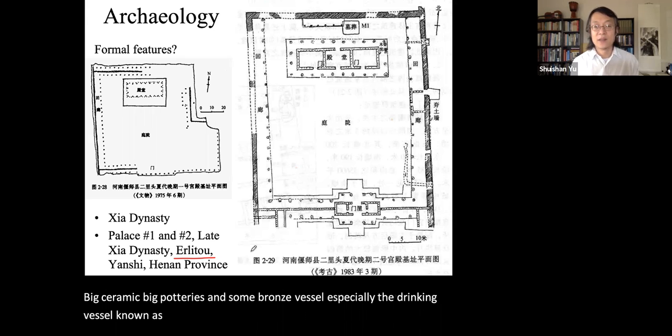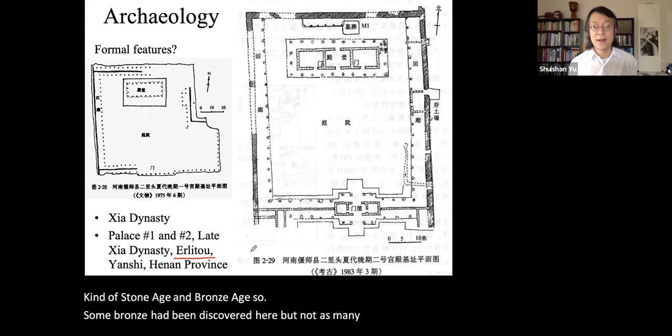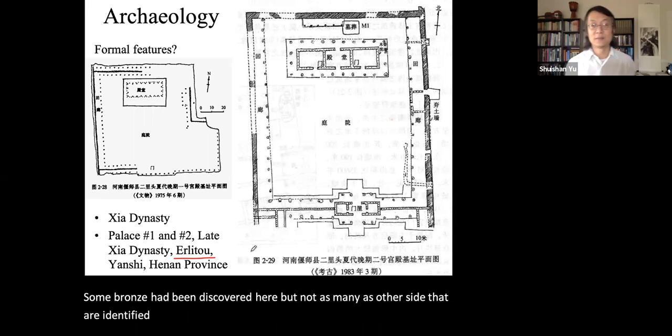had been discovered there. So Erlitou is an archaeological site at the threshold of the Stone Age and Bronze Age. Some bronze had been discovered here, but not as many as at other sites that are identified with the Shang Dynasty.